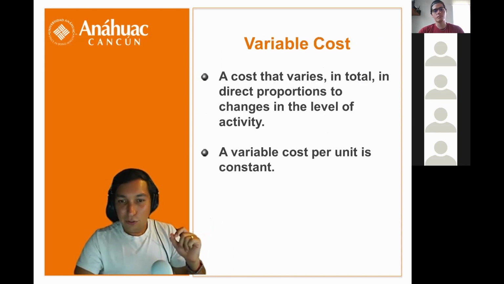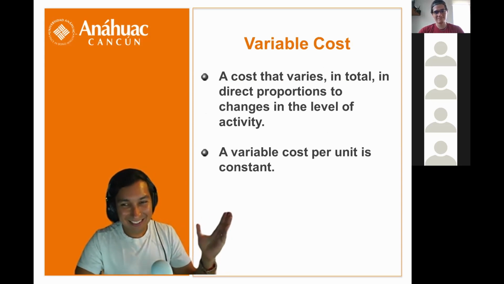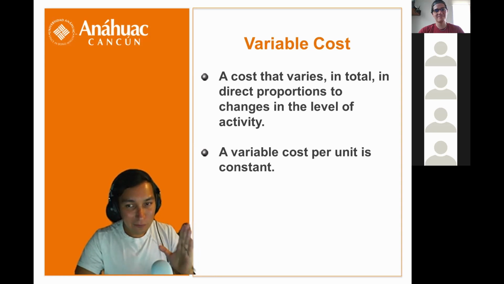So what is a variable cost? It's a cost that varies. A variable cost is a cost that varies in total in direct proportion to changes in the level of activity.